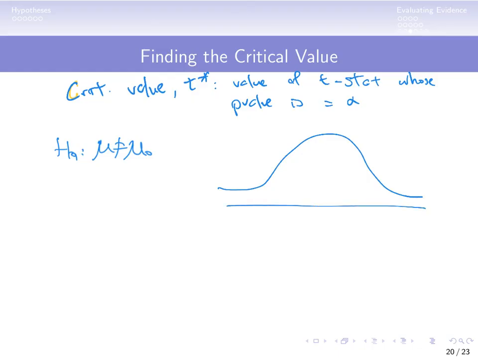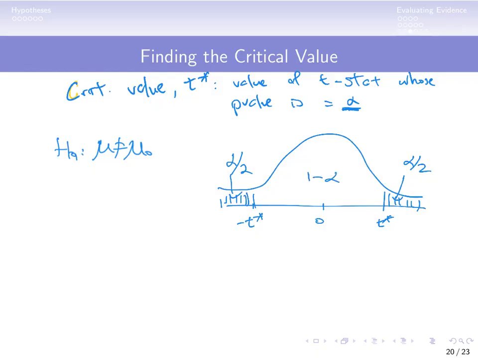We draw our t-distribution, bell shape, centered at 0. The value of t star will be such that the area to the right of positive t star and to the left of negative t star, these two areas will add up to alpha. Individually, because of symmetry, each area is going to be alpha over 2, because the p-value is going to be exactly equal to alpha.